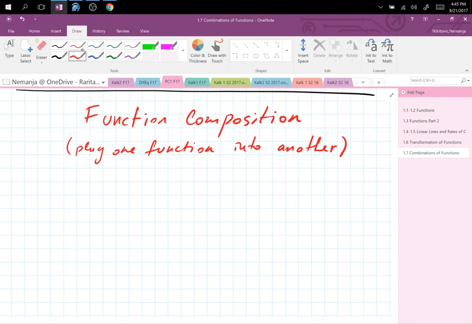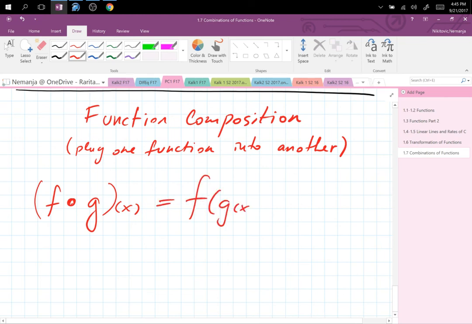Notation for function composition is f, and then this circle, which is read composed with g of x. Also, f of g of x. You can clearly see that what used to be f of x is now f of g. That means that every x in function f is replaced by function g.